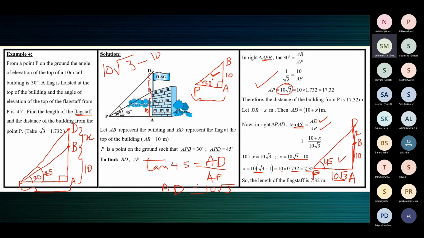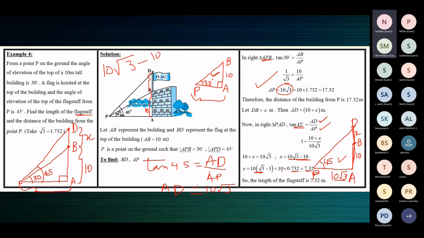What is AD? AD is the height of the building and the flagstaff. So from that you should subtract the height of the building, 10, to get the height of the flagstaff. So 10 root 3 minus 10 will be the height of the flagstaff.